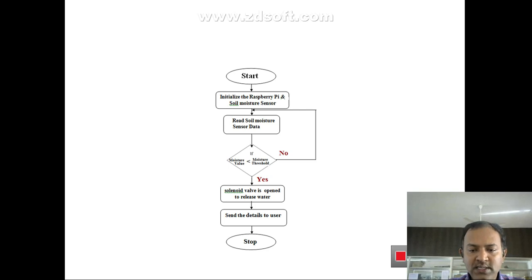If the moisture value is greater than your moisture threshold, automatically the solenoid valve opens to release the water, and all the data is sent to the user. That's all about your smart irrigation system. Thank you.